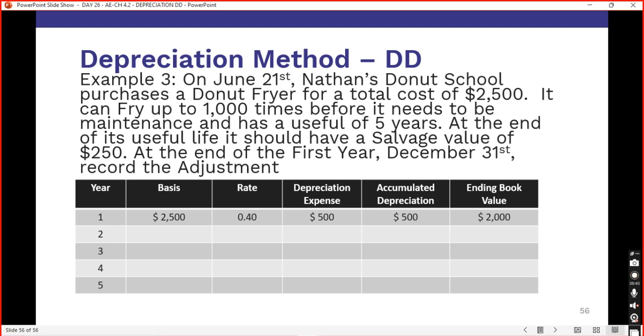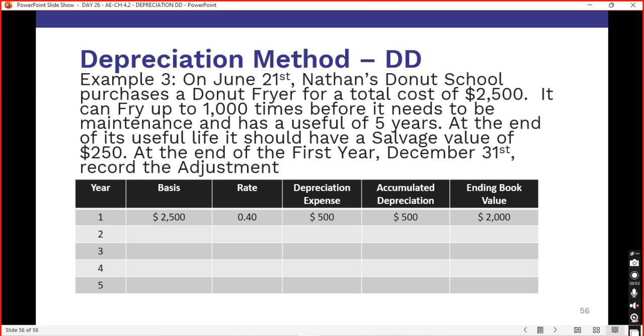And then you solve for the rest. So partial years are important. That's why those dates are necessary: it's one of the components of the depreciation and you need to know how to use it effectively.